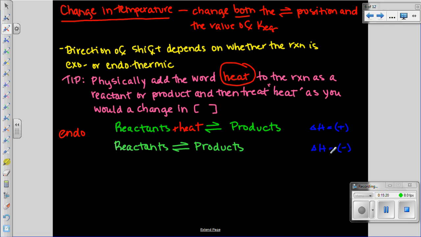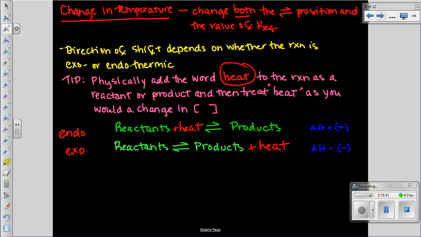The second example has a negative delta H, so it's an exothermic reaction. Exothermic reactions generate heat, so you are physically going to write in heat as a product. So that's what I mean when I say physically write it in.